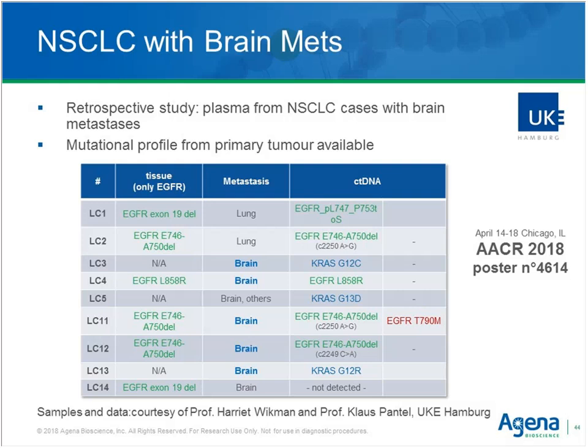And in addition, a very interesting example is case number 11, where over the course of the therapy, resistance has occurred, like the T790M resistance marker, and we were able to detect it at very low allelic frequency.